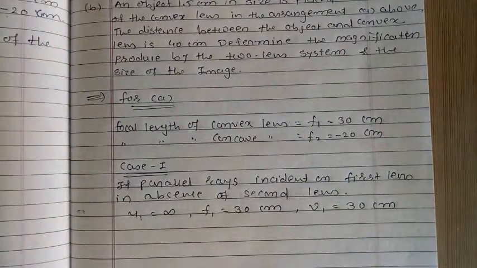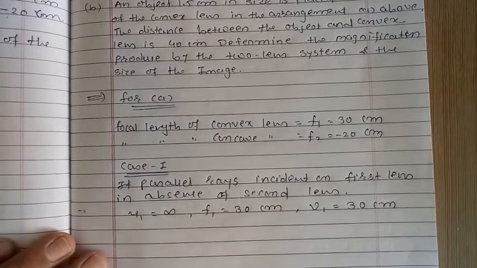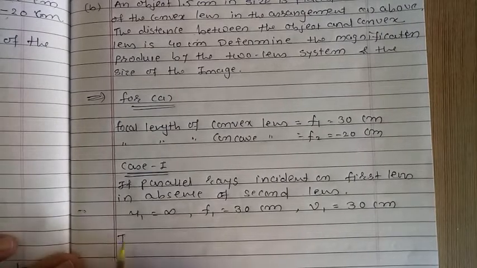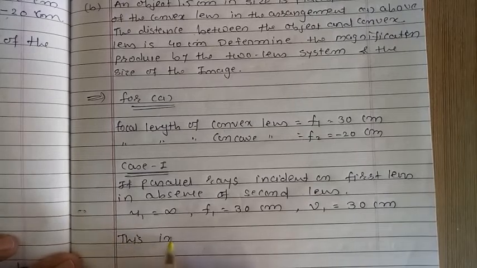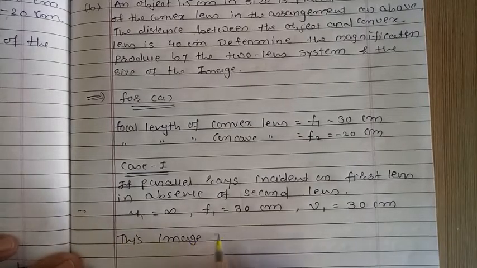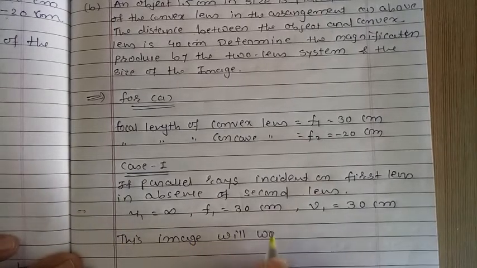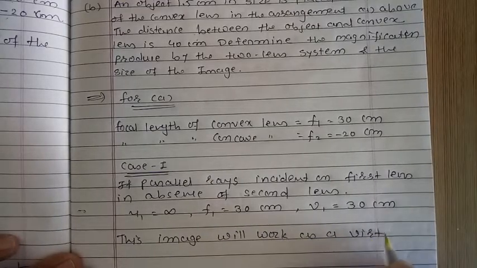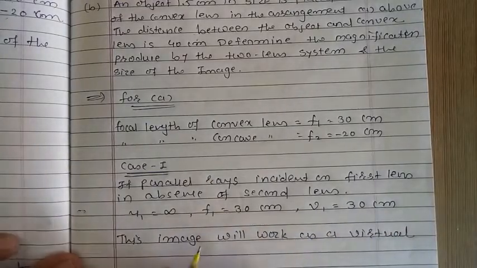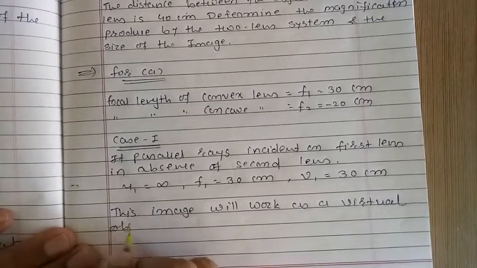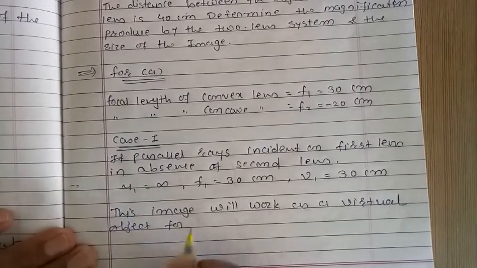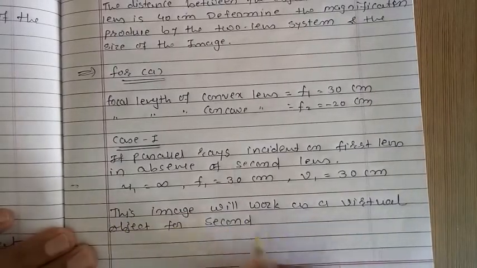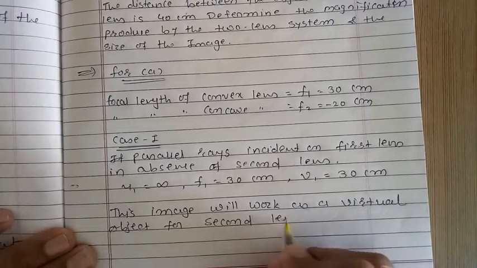Now this image works as a virtual object for the second lens. So we can say that this image will work as a virtual object for the second lens, right?